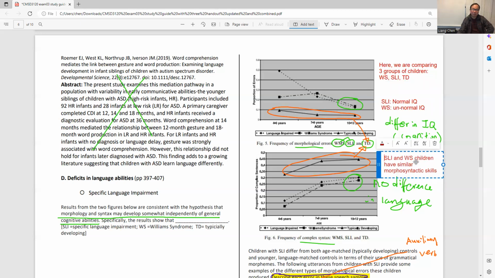So again we seem to see some dissociation between language and cognition, and that's the conclusion we can draw from what we see here. Morphology and syntax may develop somewhat independently of general cognitive abilities.